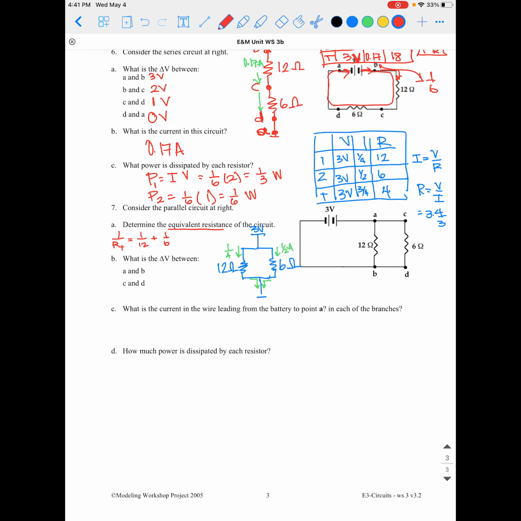So 1/12 plus 1/6 is going to give me 3/12. And then to get the total, notice how this is 1/RT. I'm going to have to take the inverse of 3/12, which is 12/3.